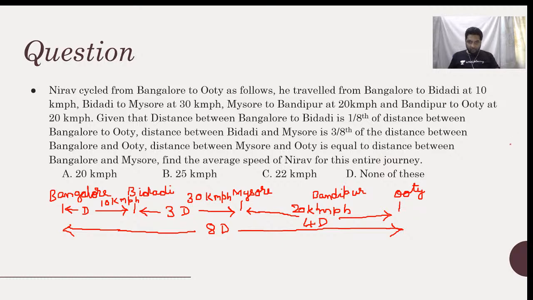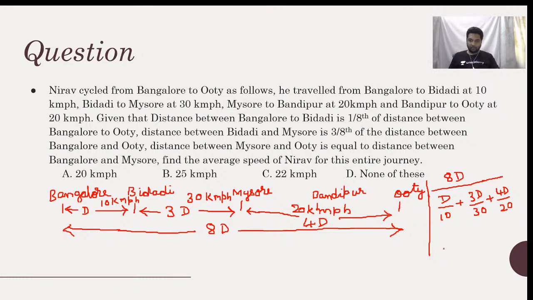Now we have to find the average speed for the entire journey, which is nothing but total distance, which is 8d, by total time. d at 10 km, d by 10, plus 3d by 30, plus 4d by 20. So this is what we have.